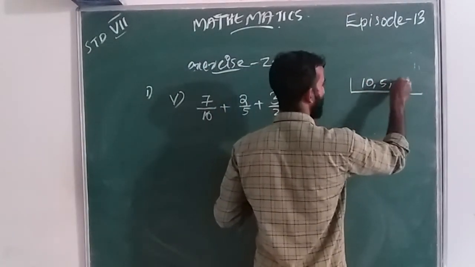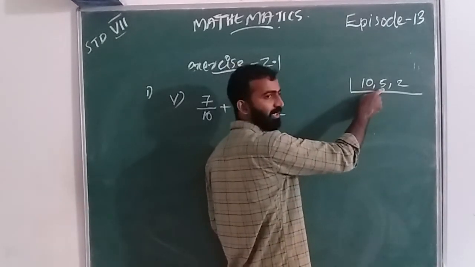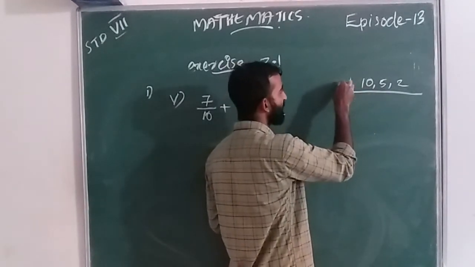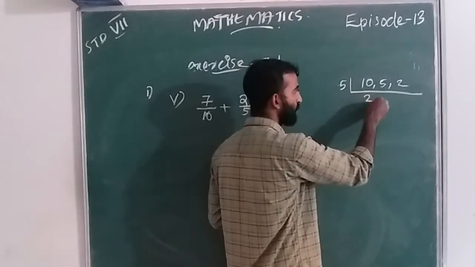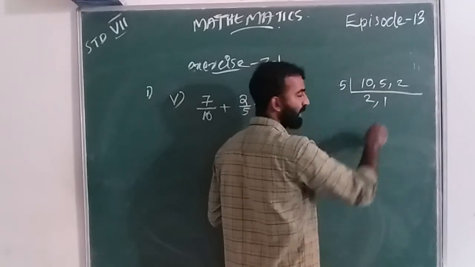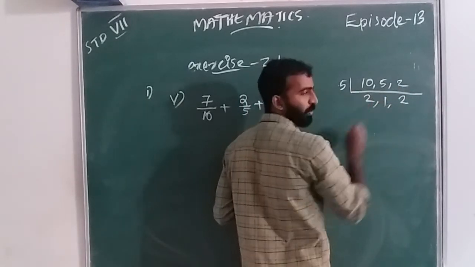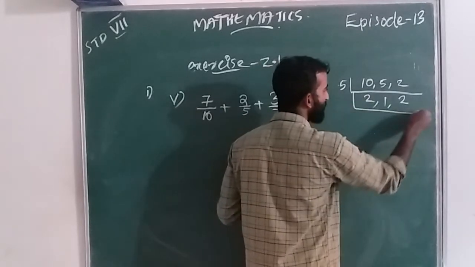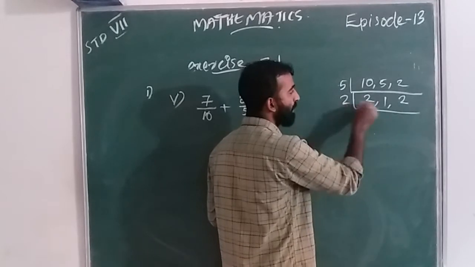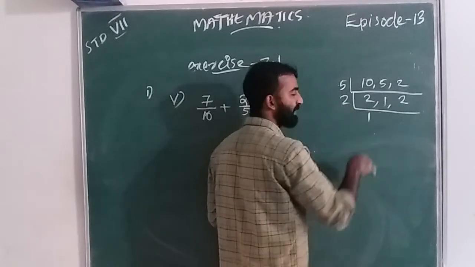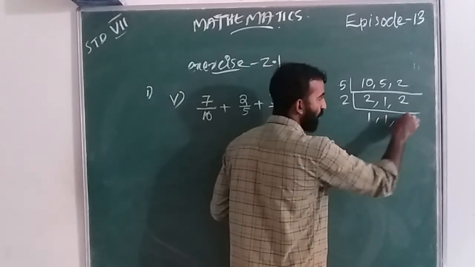The denominators are 10, 5, 2. Here we can see 5 is a common factor, so we write 5 here. So here is 2 and here is 1, and we write 2 normally. Next, the common factor is 2, so we write 1, 1 and 1.